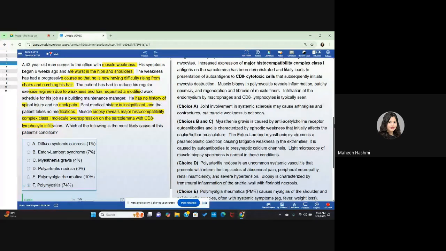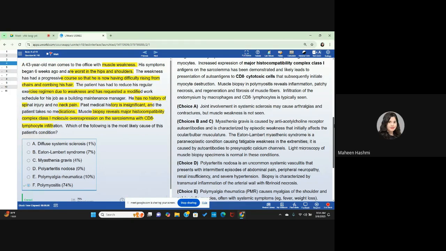Yeah, so in limited, we have CREST syndrome: calcinosis, Raynaud, esophageal dysmotility, sclerodactyly and telangiectasia. That's limited. Anticentromere is the antibody found in limited, and in the diffuse form, what do you see? Yes, there is widespread skin involvement in the diffuse form.